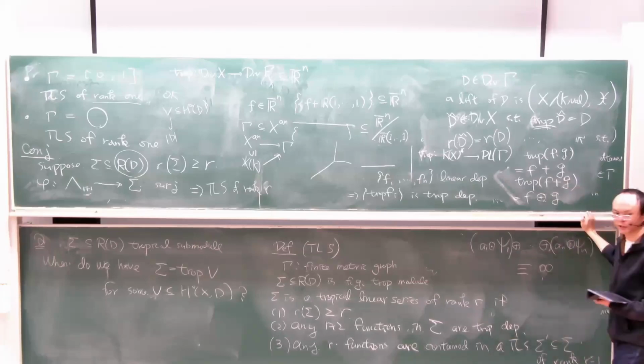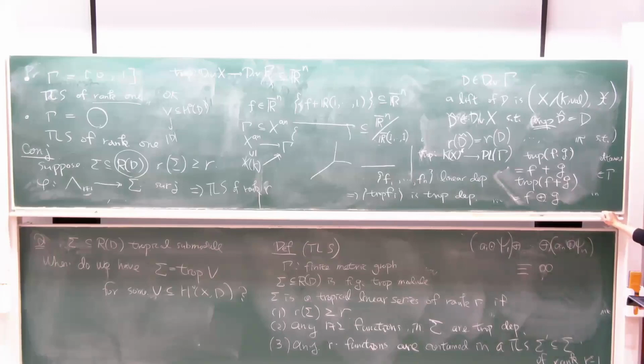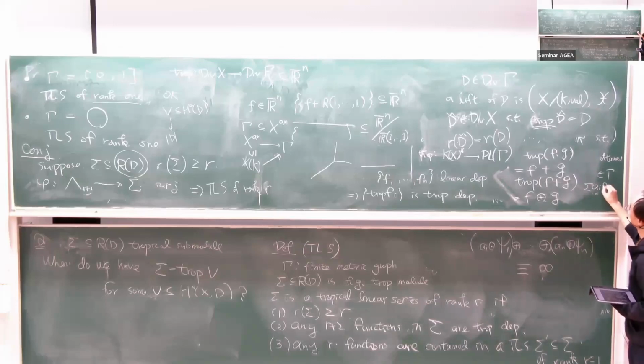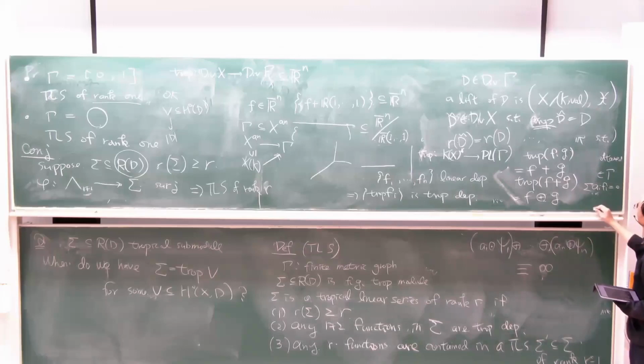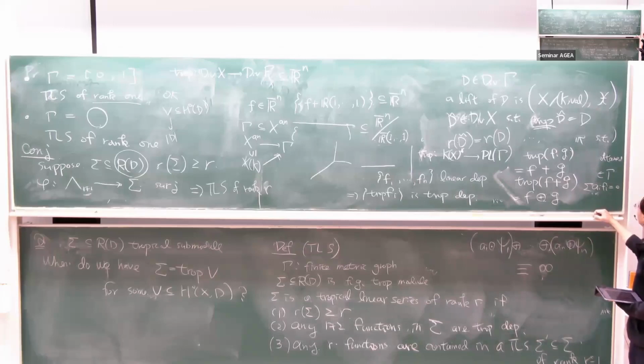So if you write down the original series, you have a_1 f_1 plus ... plus a_n f_n is equal to 0, right? That's the original series. And when you tropicalize this equation, what will you get? You just tropicalize both sides, and what will you get? Yeah, it seems like it's the one you wrote down on the blackboard. But you cannot tropicalize, because 0 is not in the domain of definition.